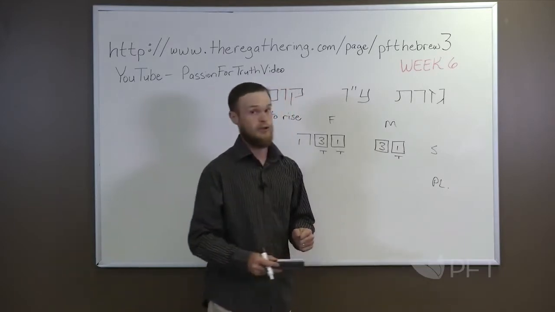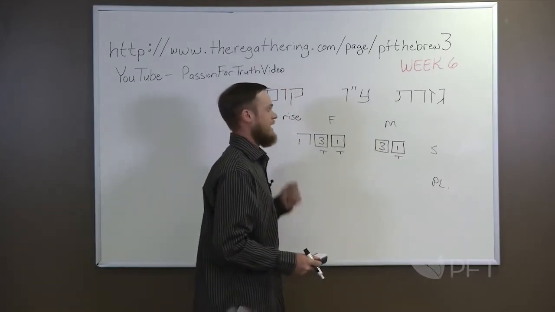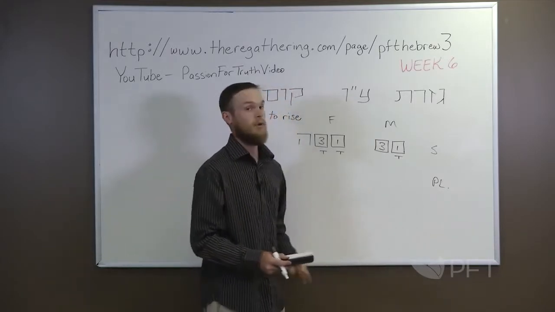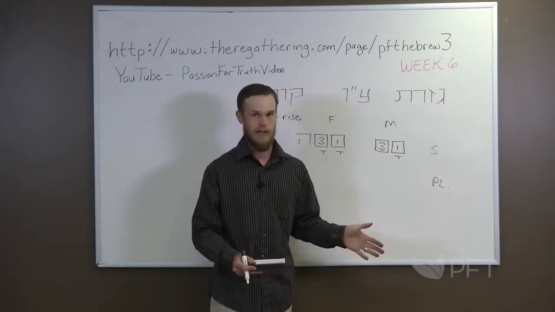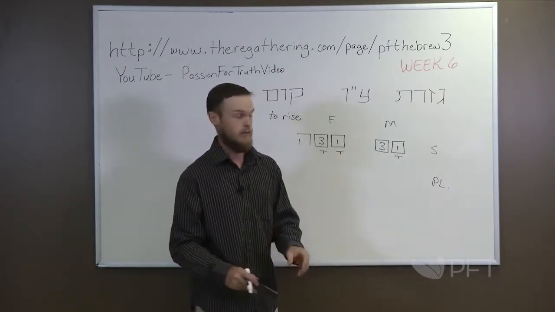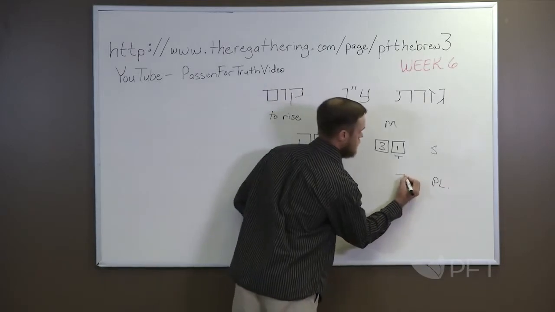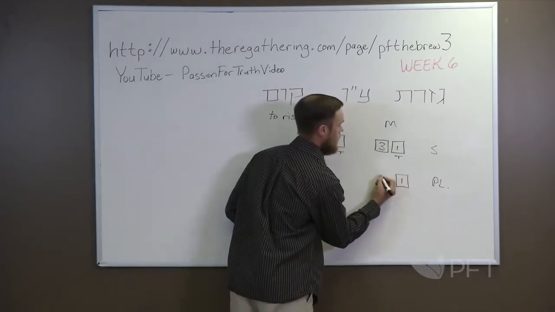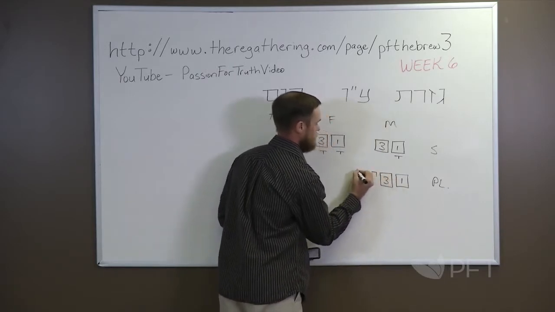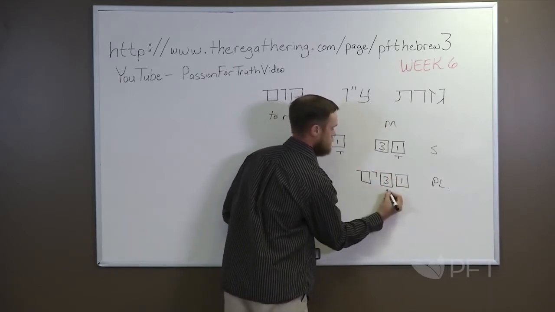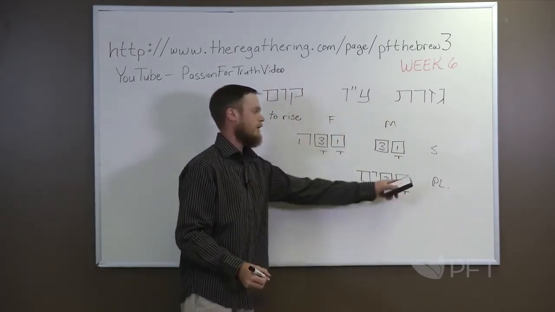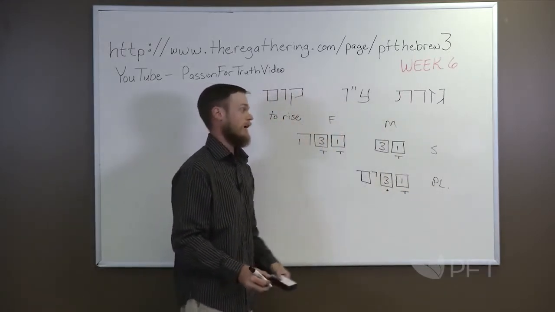Now in the plural, they do change, because if it's past tense, if I was to say they rose, I would say heim kamu or hein kamu, because I can use masculine or feminine. But if it's present tense, they are rising, then I would say kamim. Heim kamim instead of kamu.